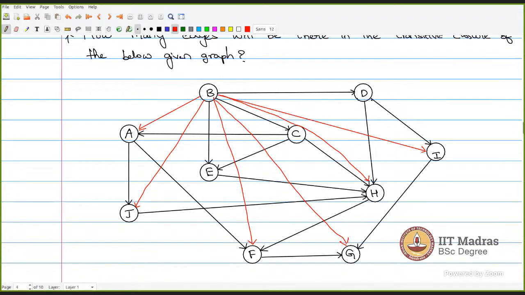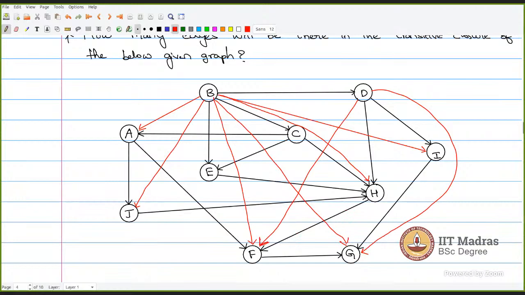From D, I can reach I. Also, there is a direct edge from D to I. From D, I can reach G. So there should be a direct edge from D to G. Similarly, from D to F I can reach. So there should be a direct edge from D to H. We can draw outward edges also.